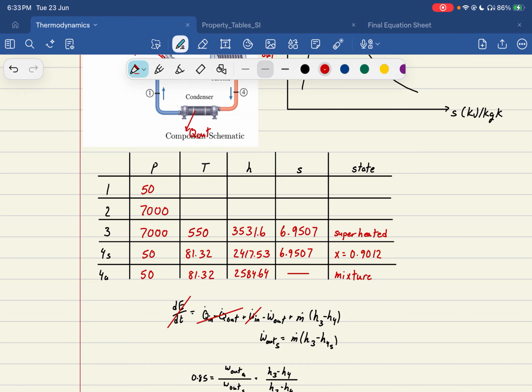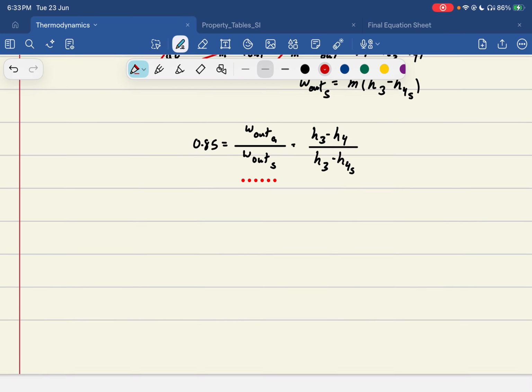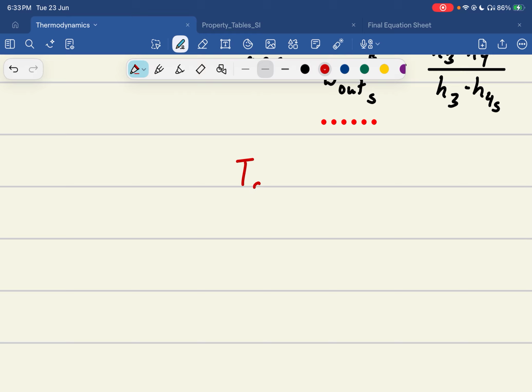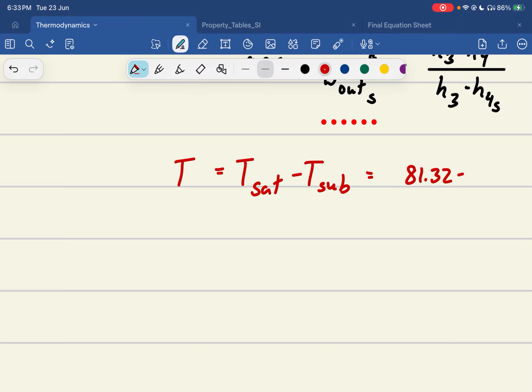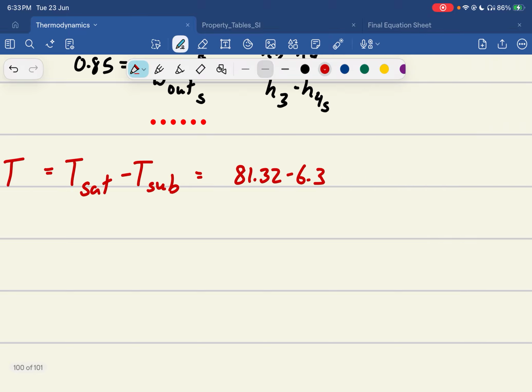Okay, and we said that leaving the condenser, it is being subcooled by that. So it's Tsat minus T subcooled equals the actual T. So it's 81.32 minus 6.3. I'm just going to round that and say it's 75.